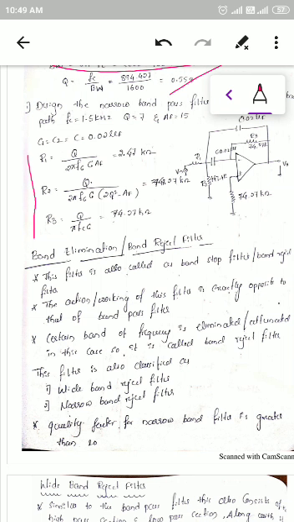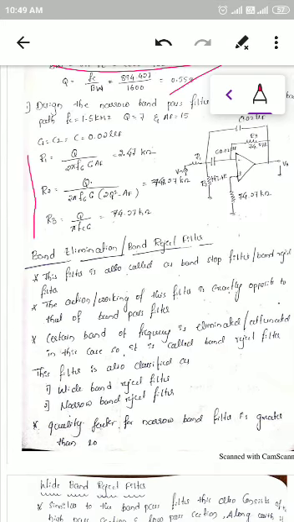Q is given, and fc, the center frequency, is 1.5 kilohertz, and the gain AF is also given. So substitute all the values and calculate R1, similarly R2, and similarly R3. After calculating all these, they ask you to design.